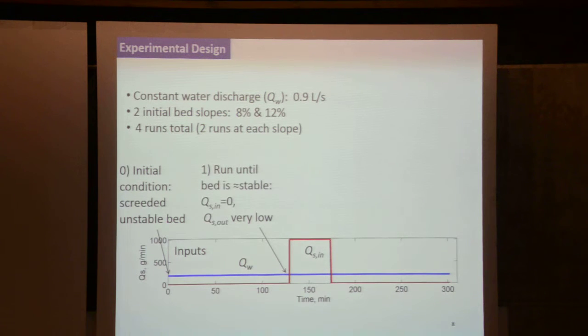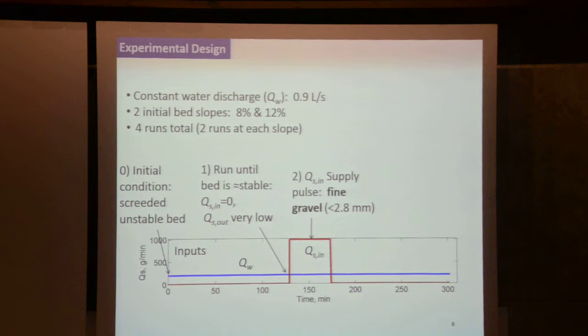I let the water run for a while until the bed is pretty stable. And in this case, what that means, because initially we're not feeding any sediment in, is that the sediment flux coming out has dropped to close to zero. Of course, it's never going to entirely get there, but you would let it drop by a few orders of magnitude, and that flux out becomes pretty low.